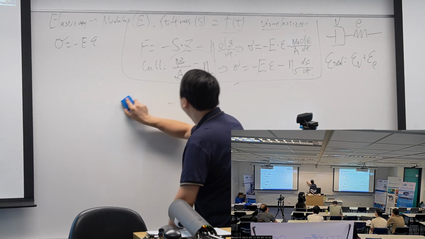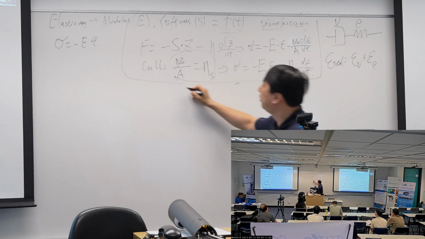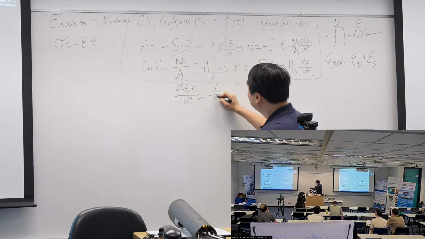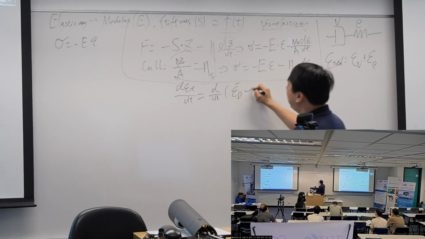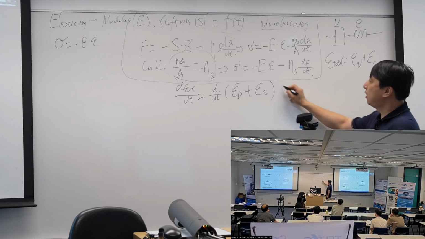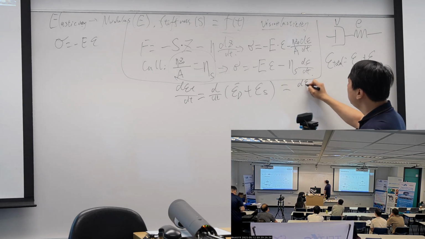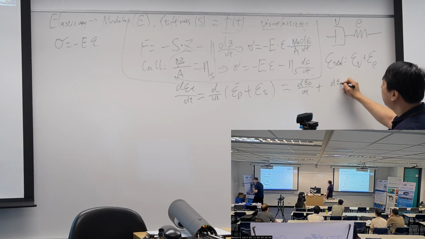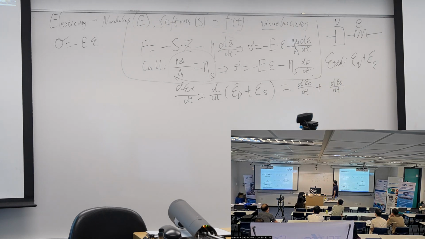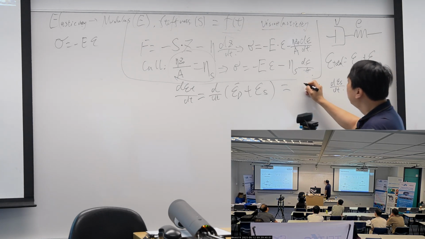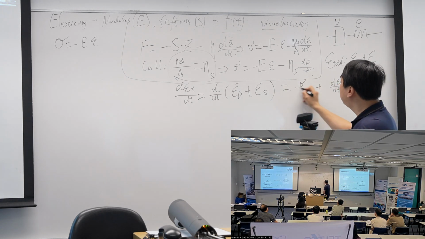So he took the derivative of the damper part plus the spring part. The damper part is d epsilon over dt, and for this part it is easy, we can get Newton's law: the force divided by eta.